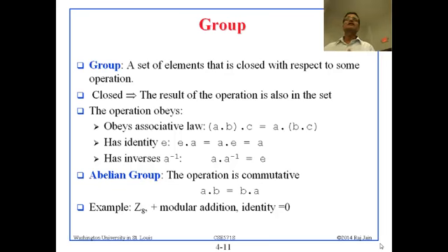So it's a group. It is also a group with respect to multiplication, because it is closed with respect to multiplication, and it is associative with multiplication, doesn't matter how you do it, and has identity, which is 1, and has an inverse for every number. So basically we first introduced you Z8, and then now we are saying that's a group. Similarly, Zn for any n is a group.